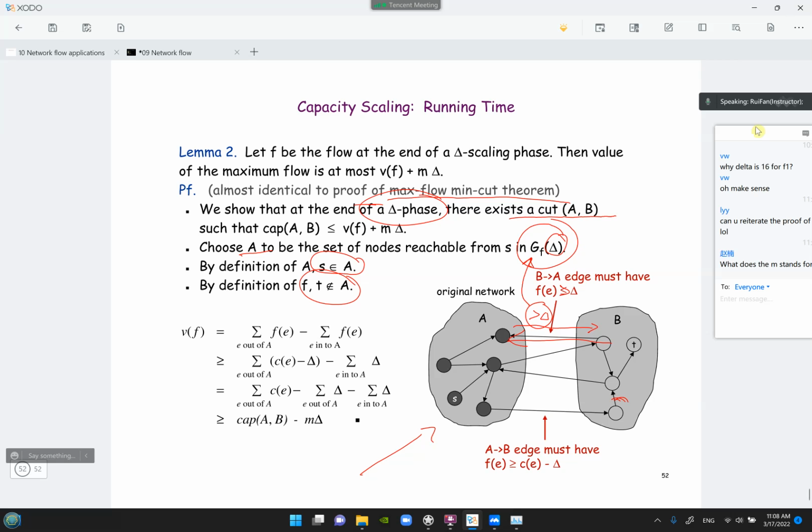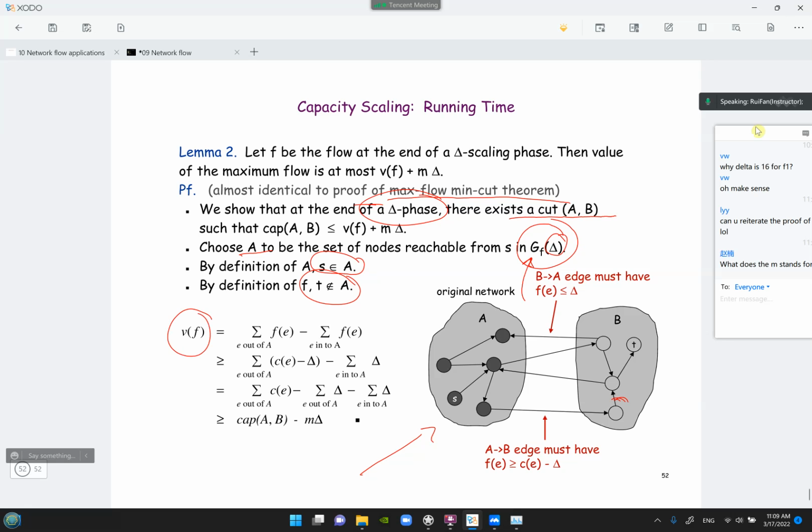And so that would mean that you can reach this node from S, which is not possible. So all of these BA edges have flow at most delta. All right, so now we can go back to this.